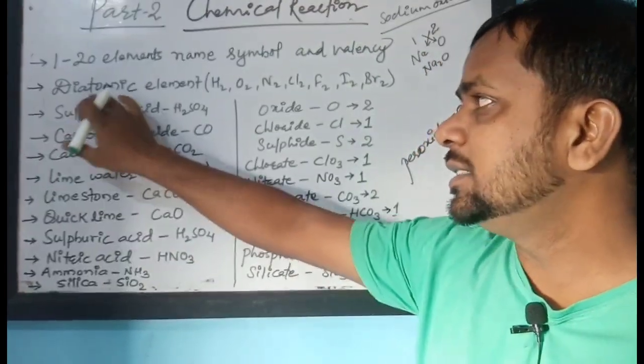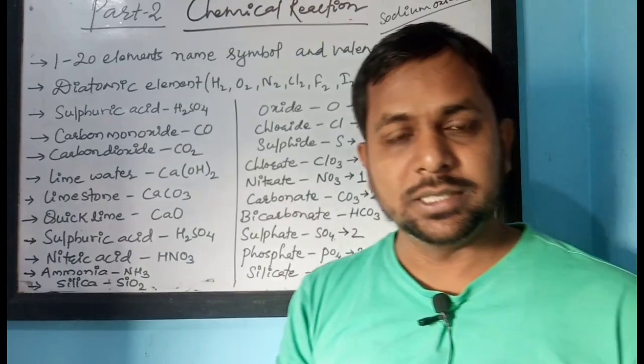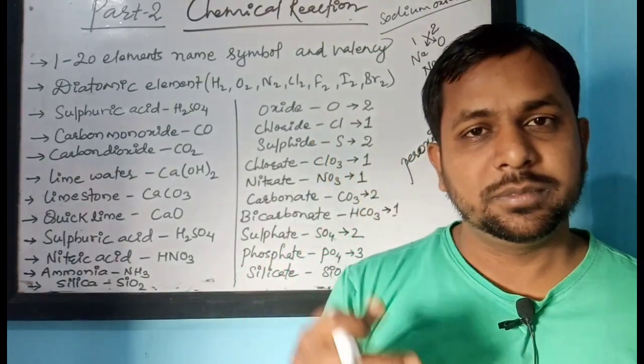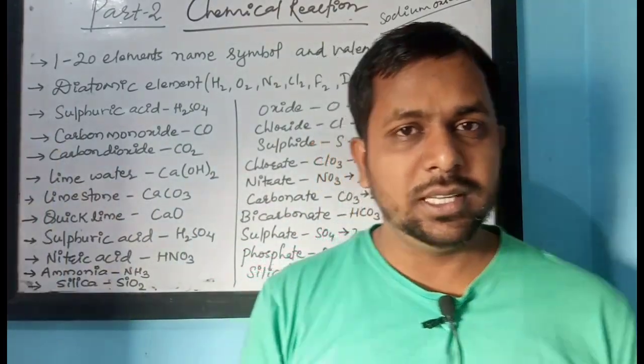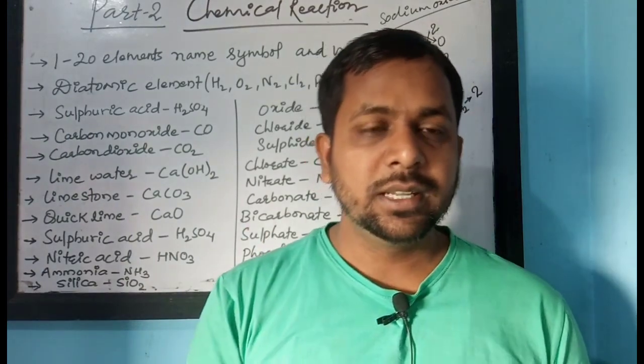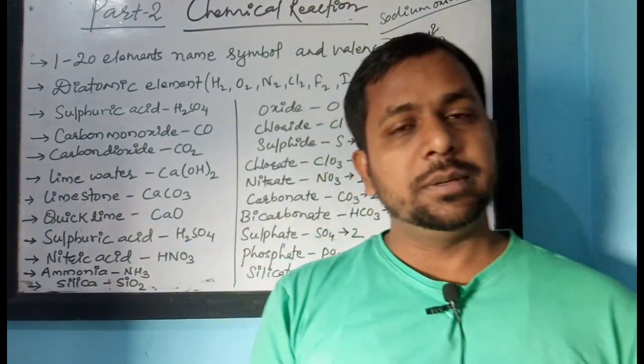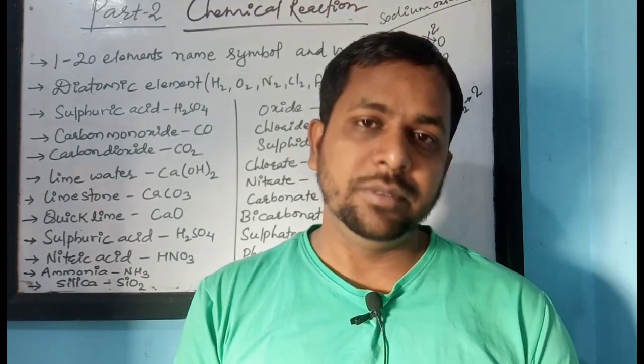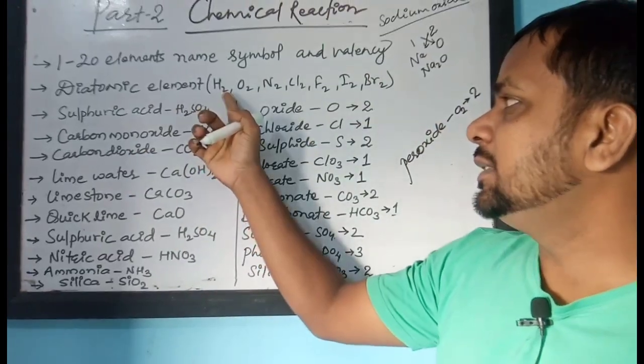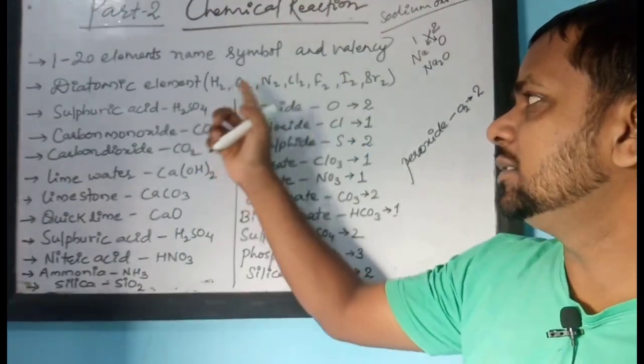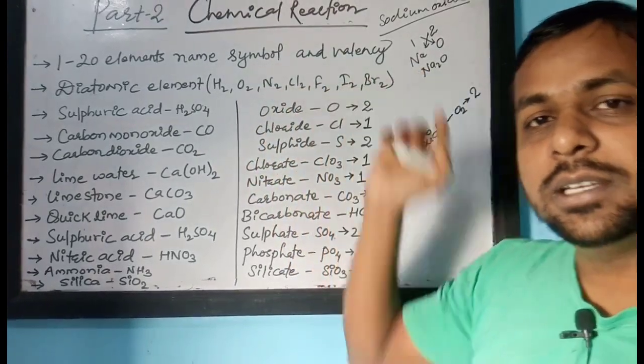We must have the concept regarding the diatomic elements. I have made a previous video related to diatomic elements. Those who have any problem regarding that, you can see that video. There are 7 diatomic elements: hydrogen, oxygen, nitrogen, chlorine, fluorine, iodine and bromine.